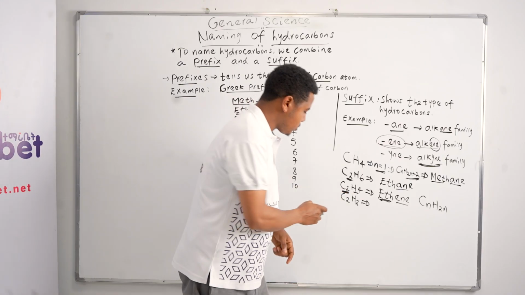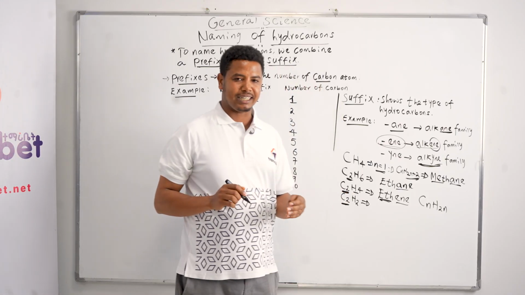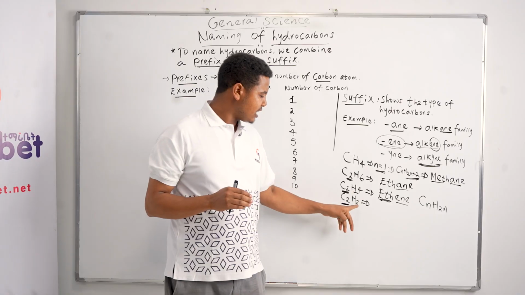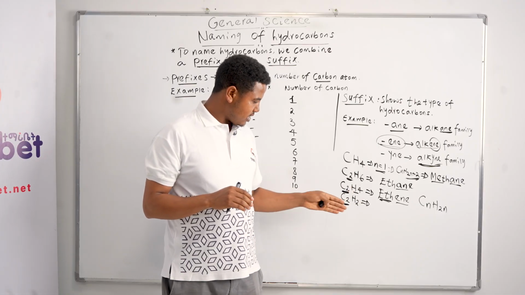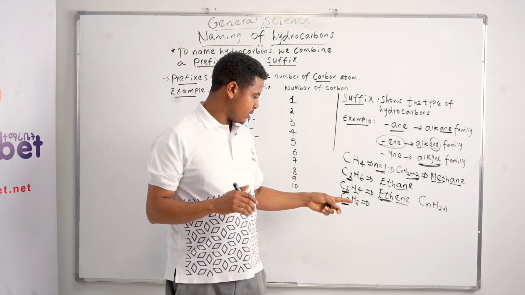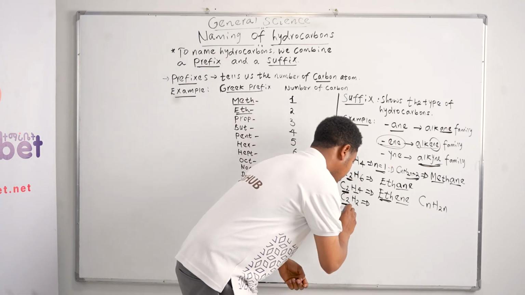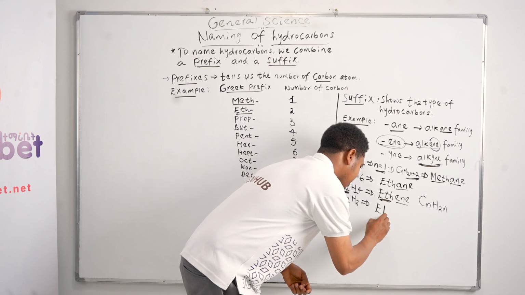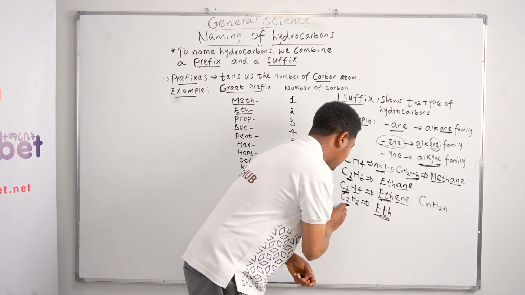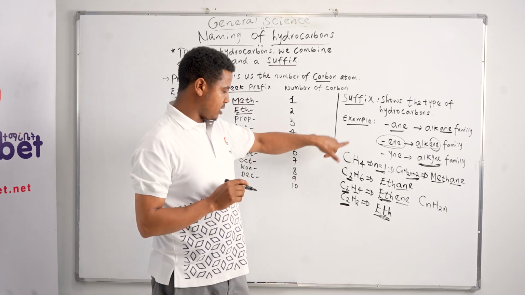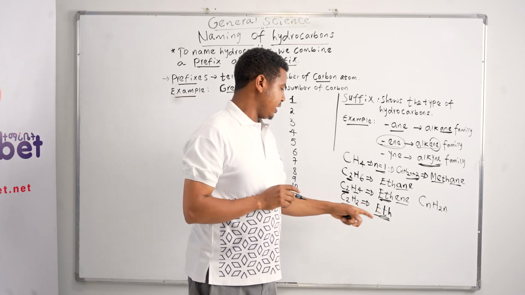And the third one also contains the same number of carbon atoms, but the number of hydrogen is very small when you compare it with the above. So this is definitely in the alkyne family. You have to repeat the prefix "eth" because the number of carbon atoms is 2.